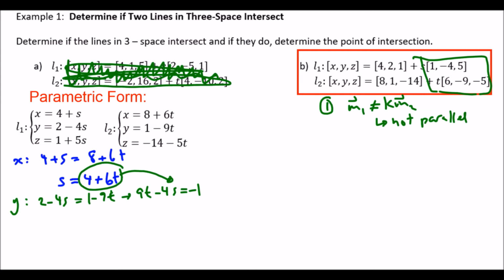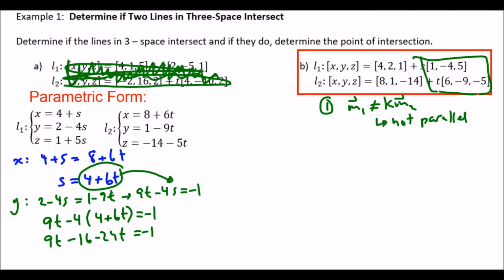So let's do that. I'm going to take, again, from x and y, and I'm going to have 9t minus 4 times (4 plus 6t) equals negative 1. 9t minus 16 minus 24t is equal to negative 1.